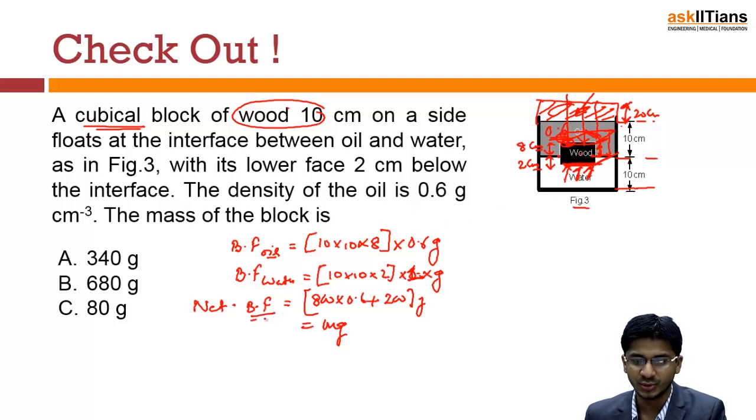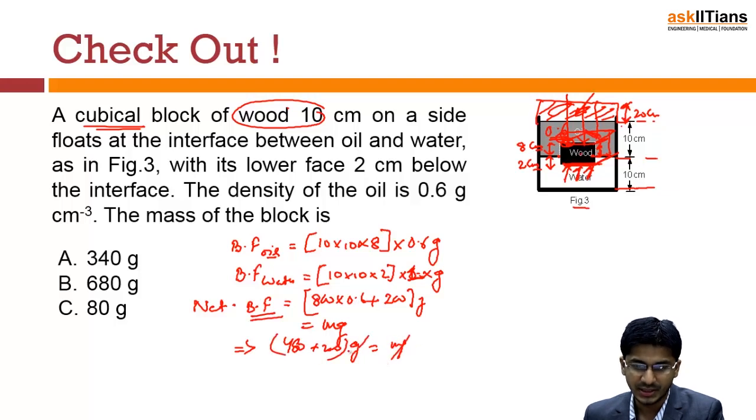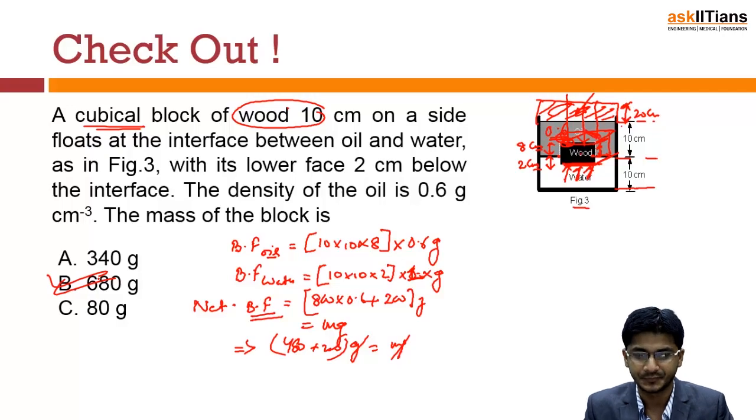So there is no change just because these dimensions are given. So you have mg. If you find the value, what you have here is 480 plus 200 G equal to mg. So it's 680 gram. G cancels out. If you look at the answer, this one is the correct answer.